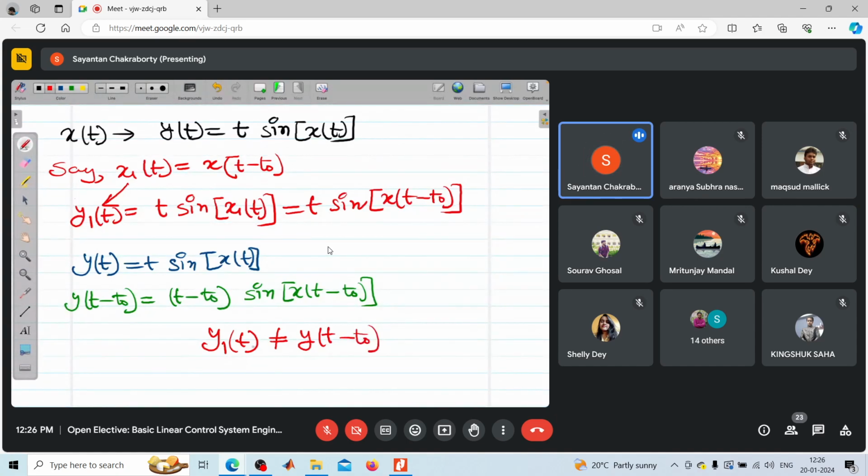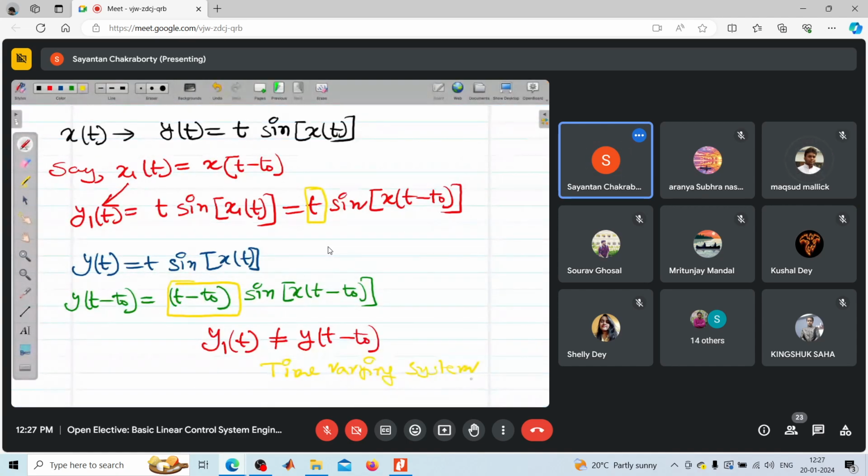That is, the output due to the time shifted input x(t minus t0) is not equal to the time shifted output y(t minus t0), because here we have t minus t0 and here we have t. So this is a time varying system.